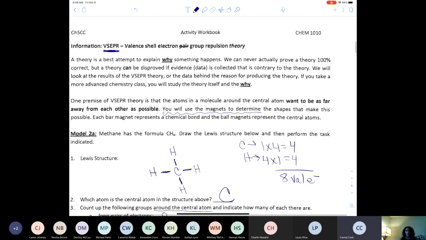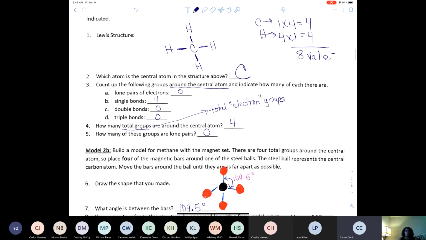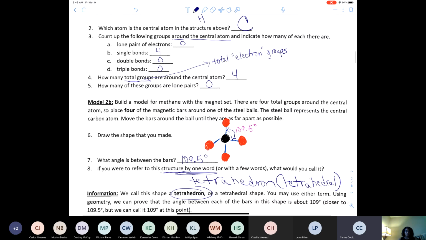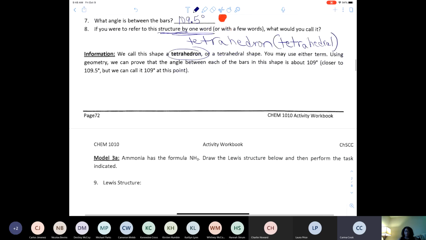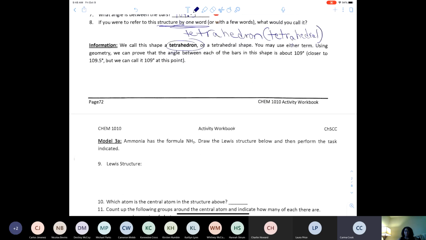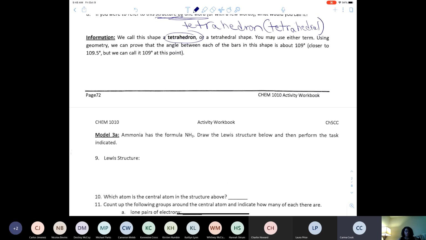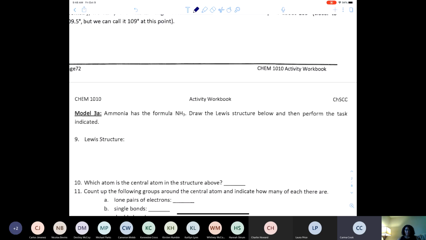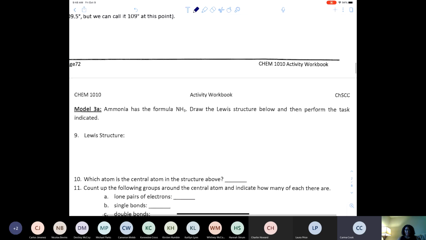We've gone over the second model together, methane, which I included in the instructions. I'm going to go through one more with you, and then send you to your individual group meeting rooms to finish the rest of the Lewis structures with your group. The next molecular compound is ammonia, formula NH3.